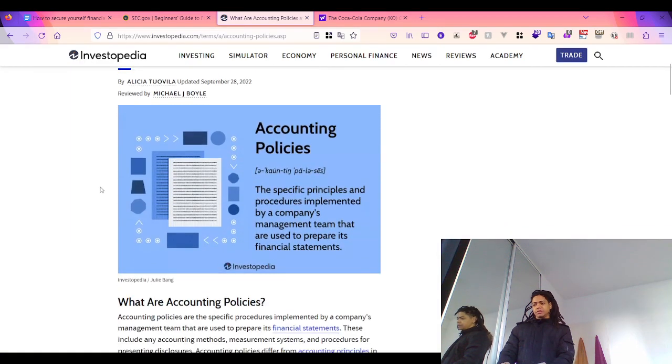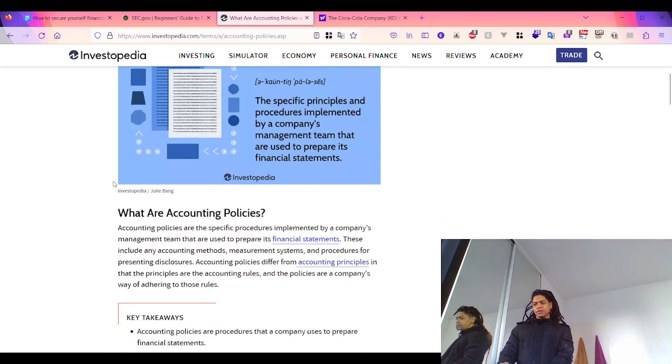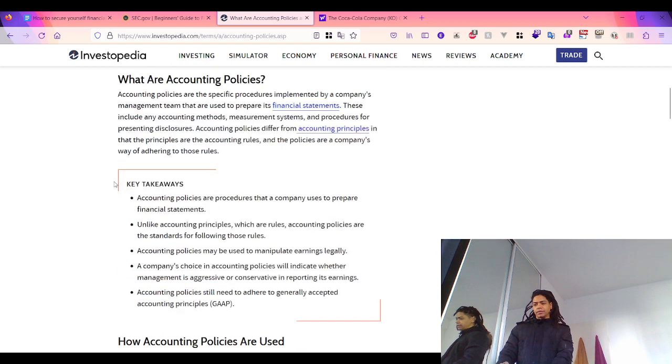They are the specific principles and procedures implemented by a company's management team that are used to prepare its financial statements. This includes any accounting methods, measurement systems, and procedures for presenting disclosures.